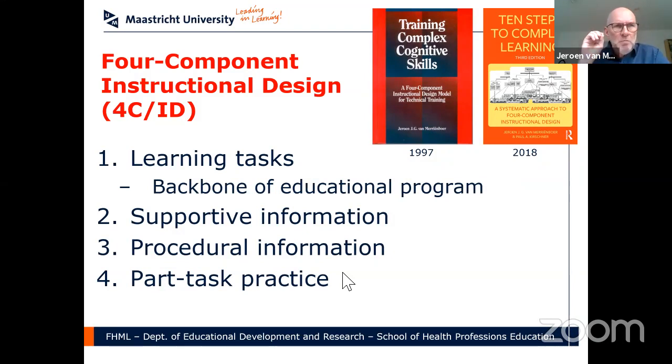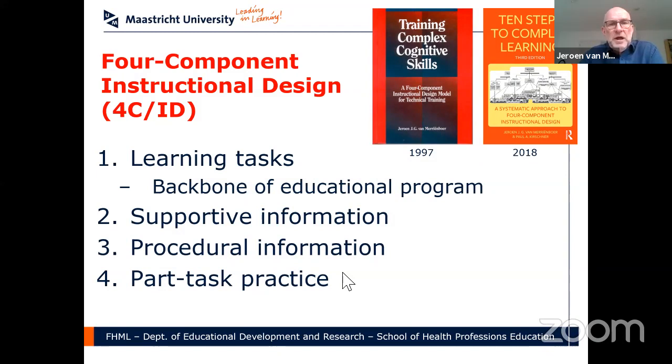The main assumption of the 4-component instructional design model is that good education is built from 4 interrelated components. And the components are called learning tasks. That's where knowledge is applied, and the learning tasks provide a backbone of the educational program. Then we have 2 types of information that is provided to students.